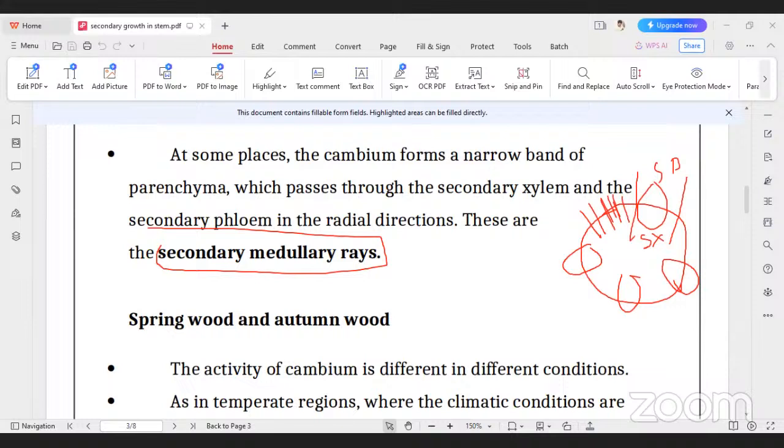Just now we have seen the activity of the cambium ring. This activity is influenced by seasonal variation. During the favorable season, that is spring, what happened? The same cambial ring here.